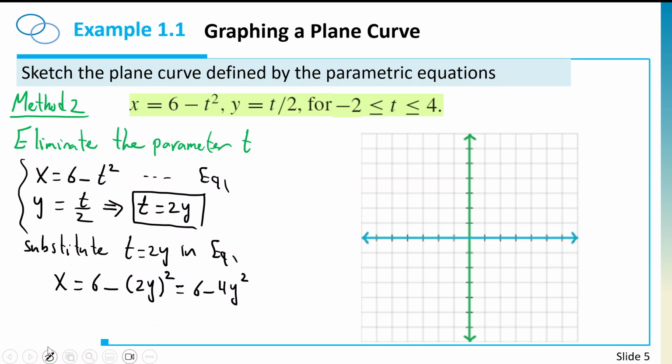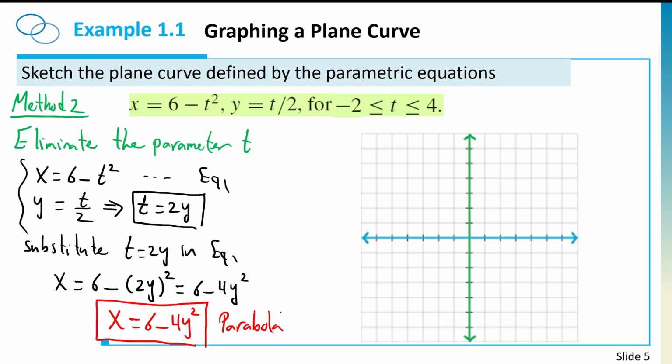So basically our function now is x equals 6 minus 4y squared, which is a parabola opening to the left.